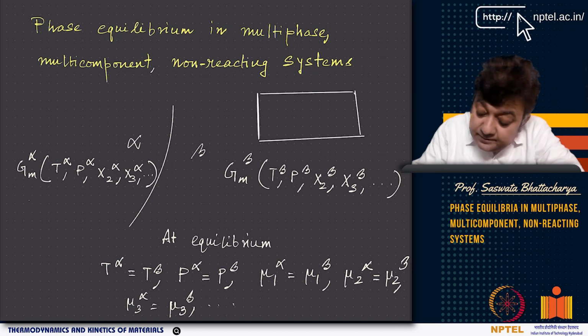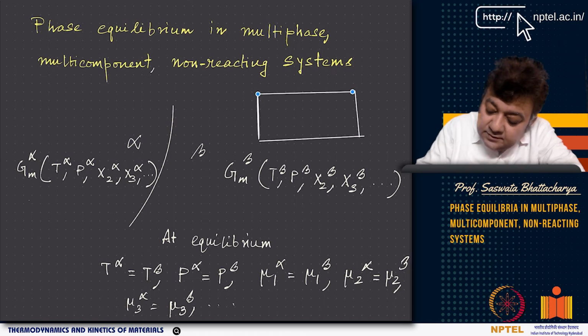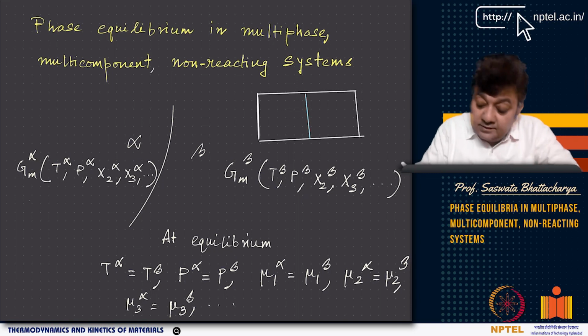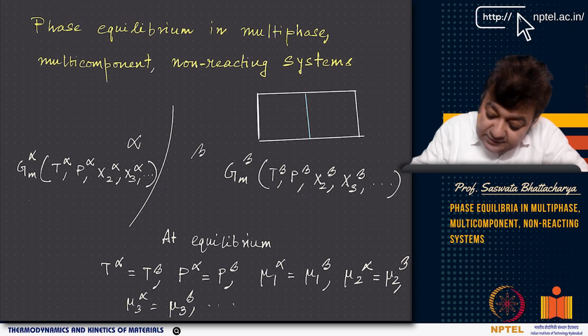Why composite? Because you have several subsystems here, separated by a partition or a wall. This we call a wall.